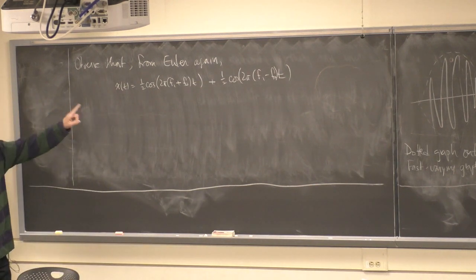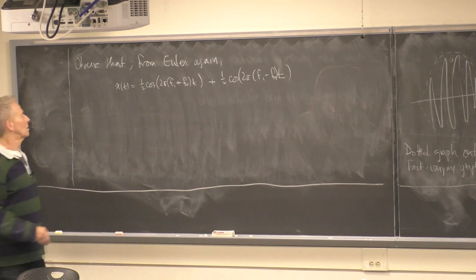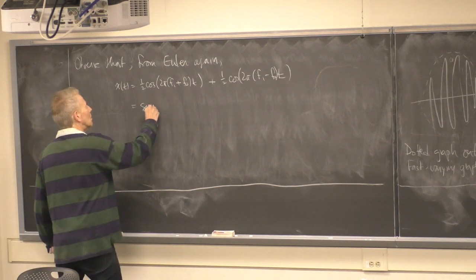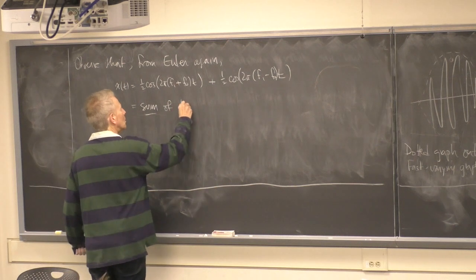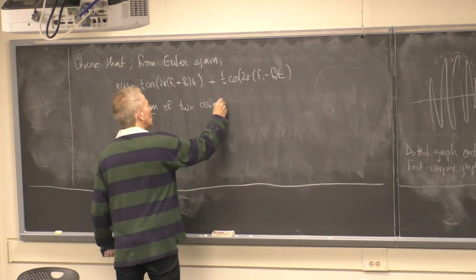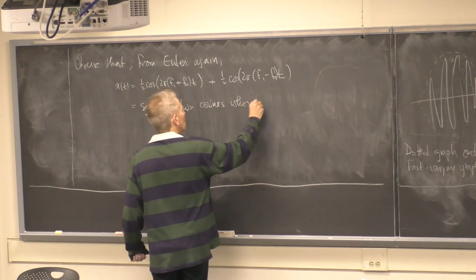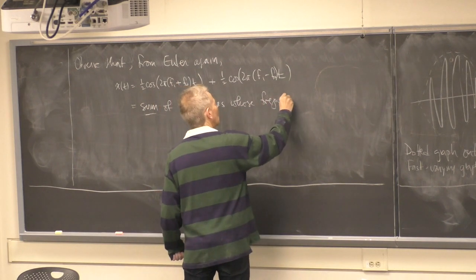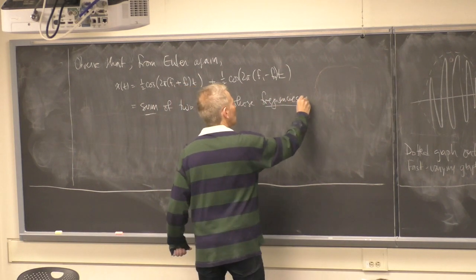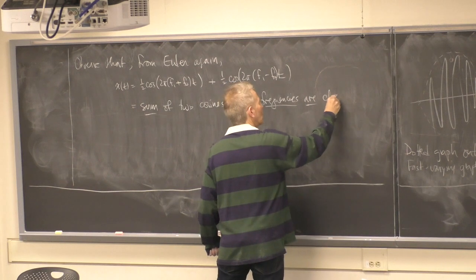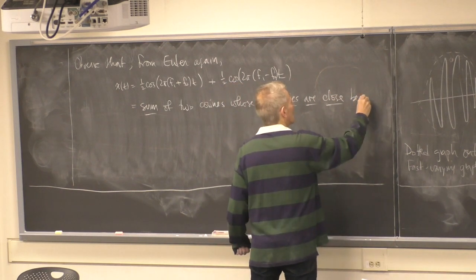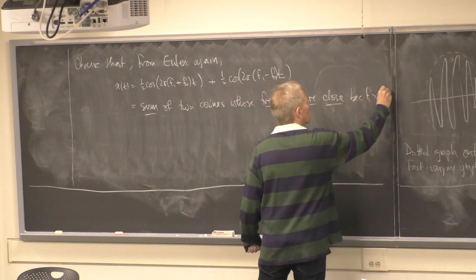So it's the sum of two cosines whose frequencies are close, because f1 is so much bigger than f0.